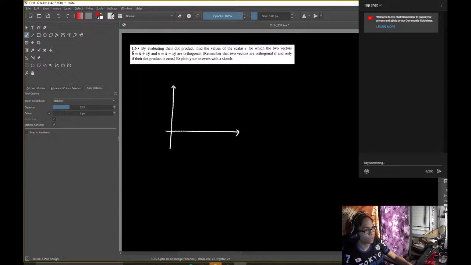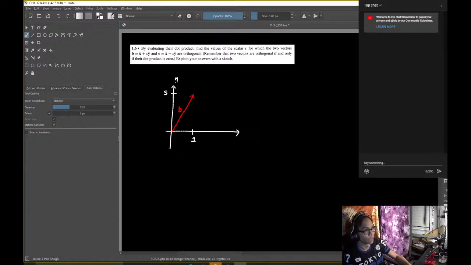And let's illustrate b first. It looks like it's going 1 in x and then upwards by whatever s is. So let's point that out. There you go, this is b. This is the supposed magnitude, x and y component. So make this s, this is 1.